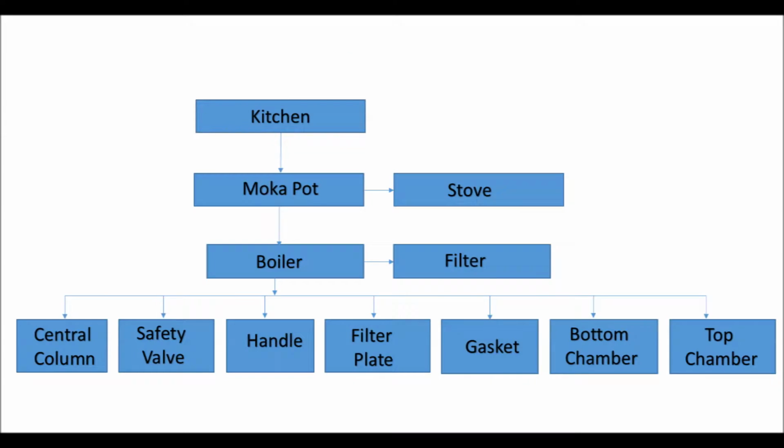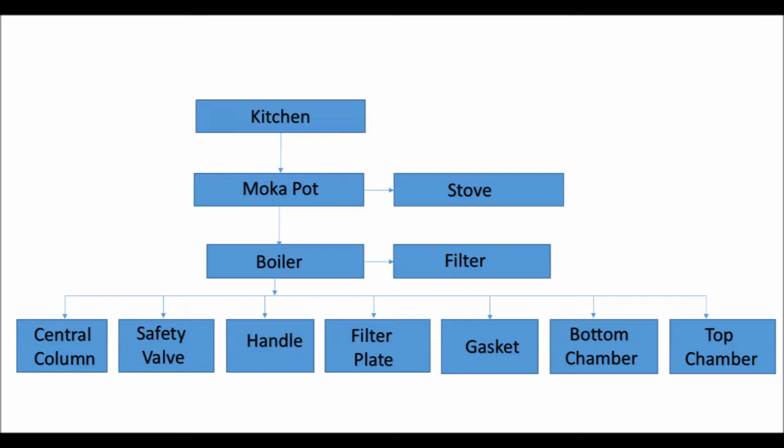I will now be analyzing the spatial arrangement of the moka pot. The moka pot system is part of a larger meta system, which is the surroundings, with that being a kitchen, a living room, a dorm, or basically anywhere where there is a hot plate for it to function. This stove would be an example of a lateral system.